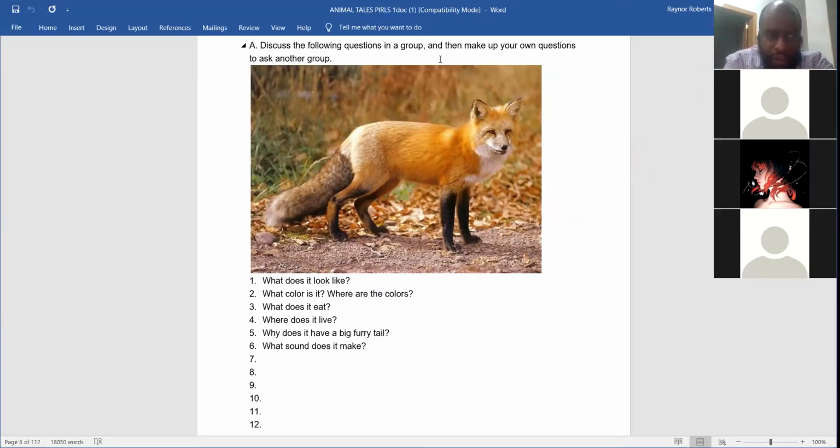So encroach is a verb, an action word. But if I put the suffix ment, encroachment, then that becomes a noun. So we learned 3 words: encroach, encroachment, and habitat.